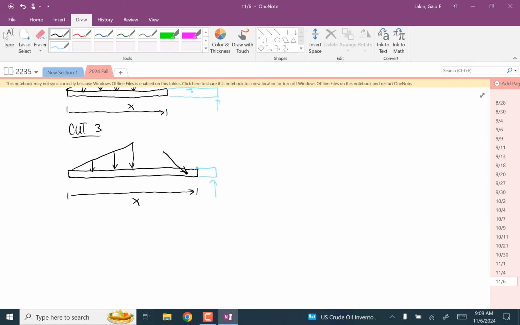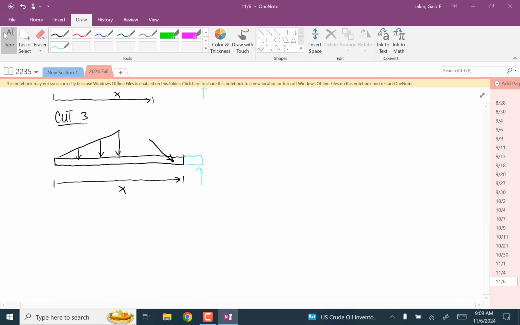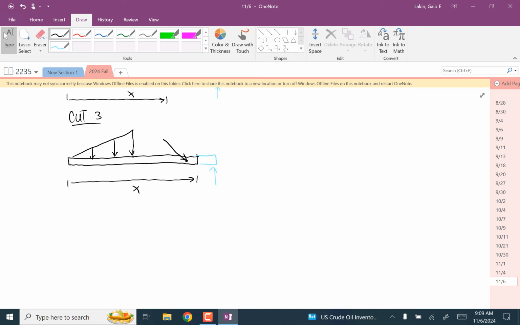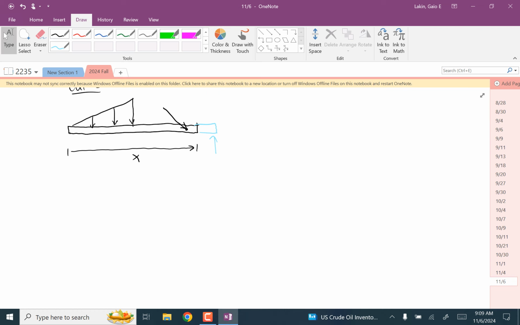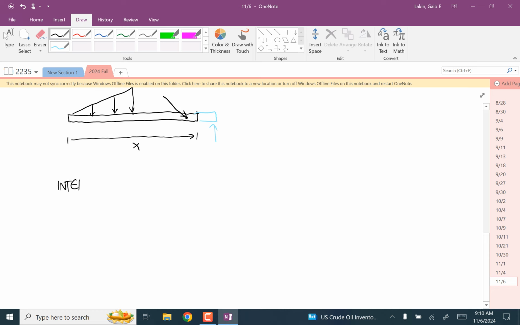Okay, so let's talk about doing this in the presence of distributed loads. Internal loads in the presence of distributed loads.